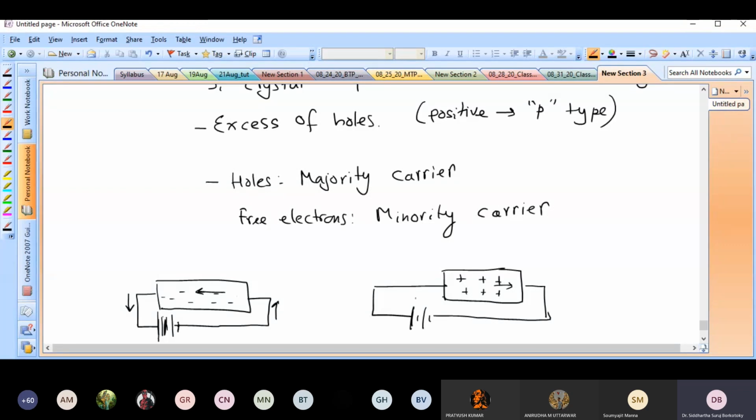So the point is, if you're just looking at an n-type or p-type semiconductor in isolation, these are actually not very useful. They are just like some sort of a resistor. If you supply a voltage, there will be some electrons moving through this entity, and that electron flow will give you a current.